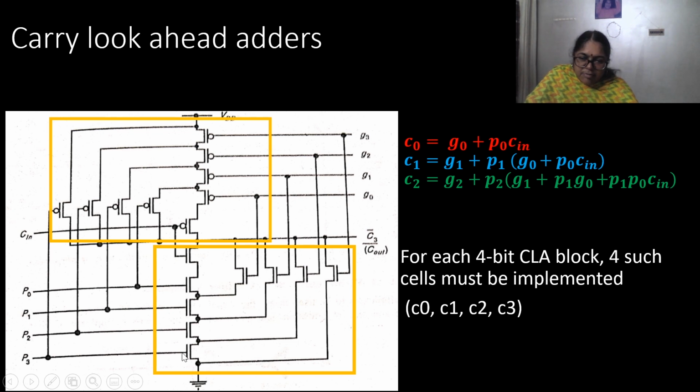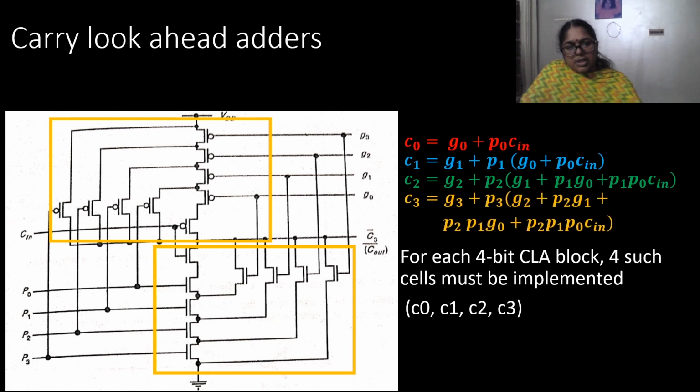So next we have P3, which is in series with C2. So P3 into C2 plus you have this NMOS transistor in parallel, that is G3. So it is G3 plus P3 into C2. So finally we get C3 bar as the output of this CMOS circuit.